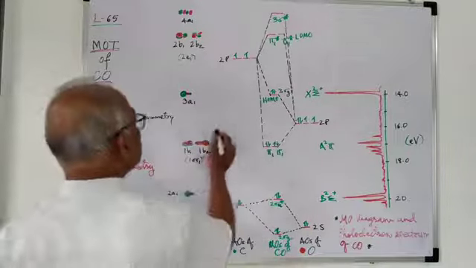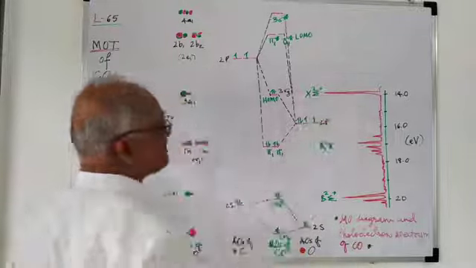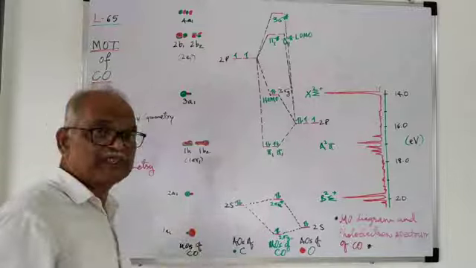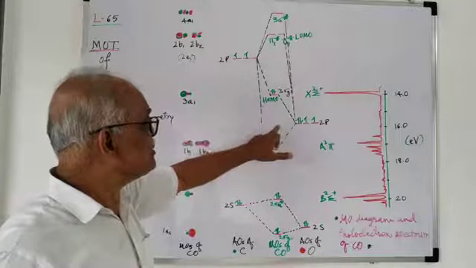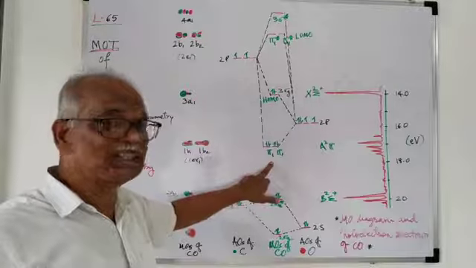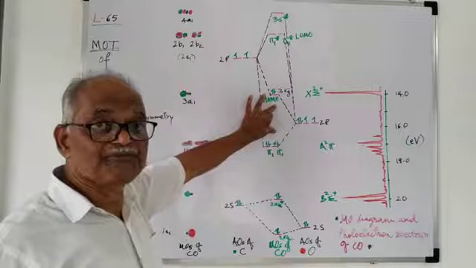Again, here you will find that these 2p and these 2p are undergoing linear combination to form these pi molecular orbitals which are lying lower. So compared to this 3 sigma g, the pi molecular orbitals are lying lower. It means there is such a large difference.